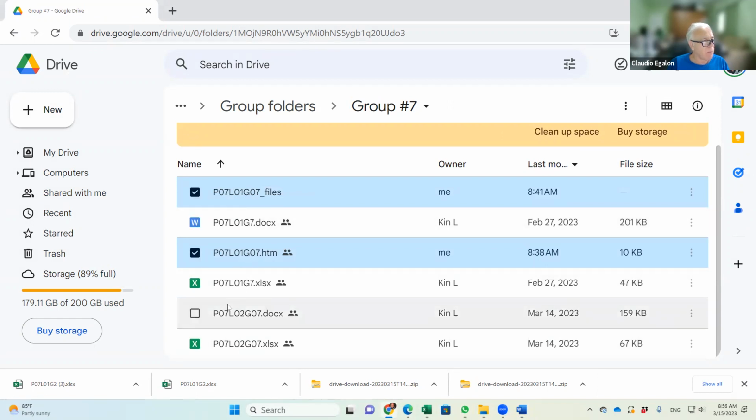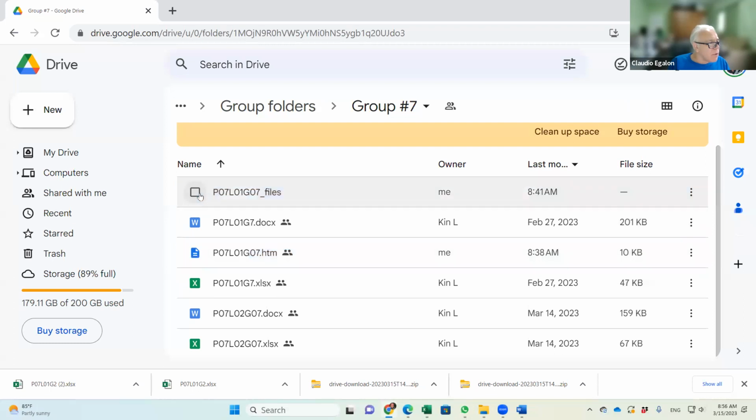P07L01G07 files. Those two sets of documents work in tandem to see the correction. In order to see the correction, you must have those two. If you do not know how to read those documents, just stay around after the lab during my office hours and I'll walk you through.